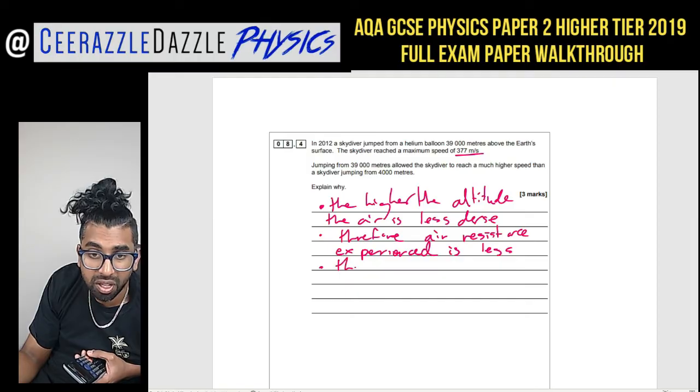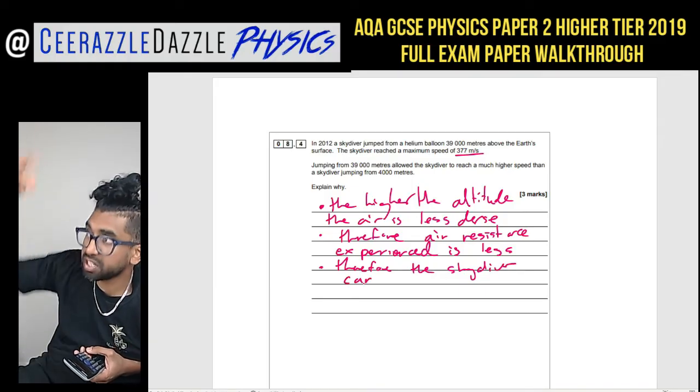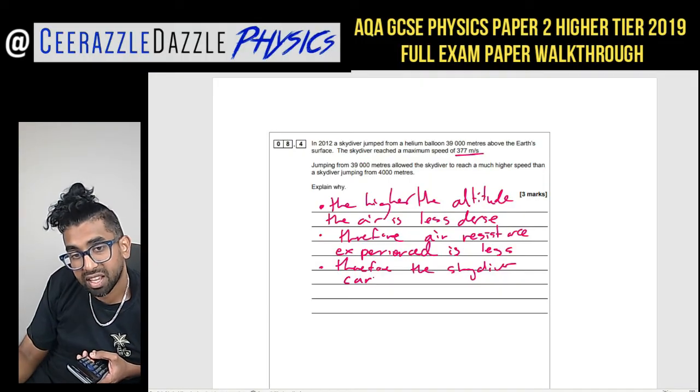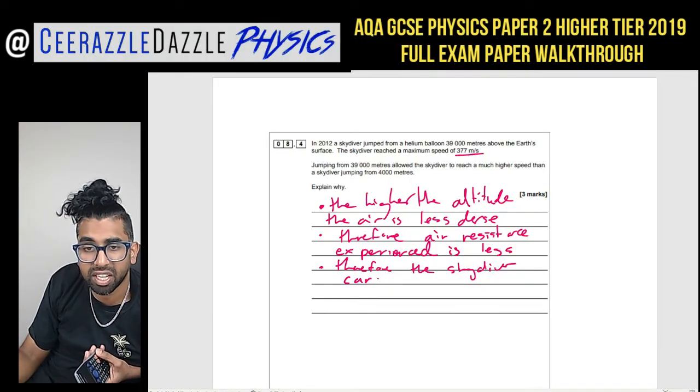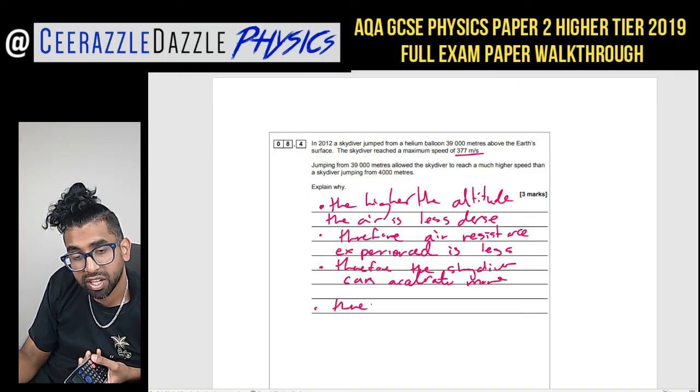So the skydiver can accelerate for longer. There's less air resistance building up against you, so you can accelerate more. And then eventually you can reach a greater terminal velocity. So the skydiver can accelerate more and therefore reach a higher terminal velocity.